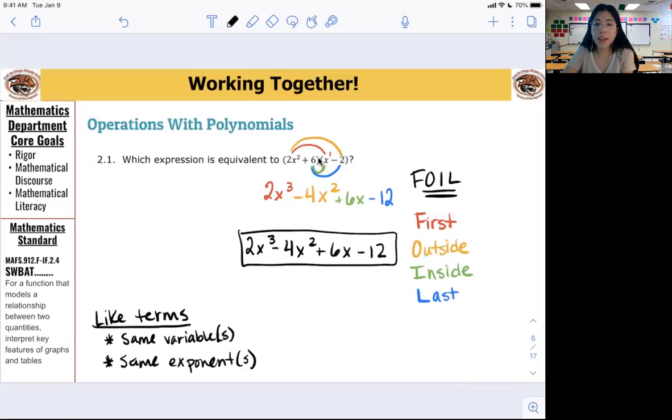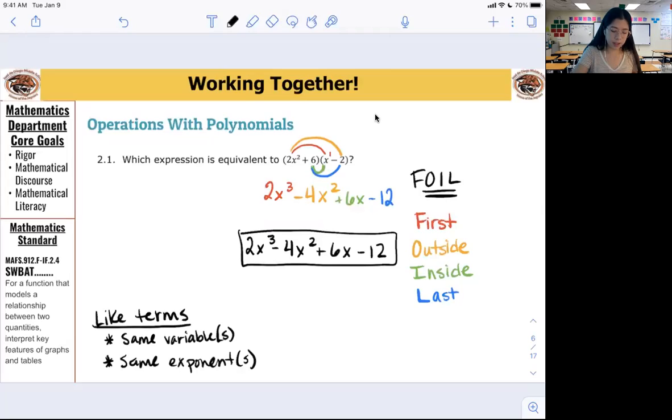Let me make something very clear. I have 2x squared plus 6 in parentheses, and I have x minus 2 in parentheses, right? And there's nothing in between them. So in this case, I know that I'm multiplying because I just have the two binomials right up next to each other, and parentheses tell me to multiply.